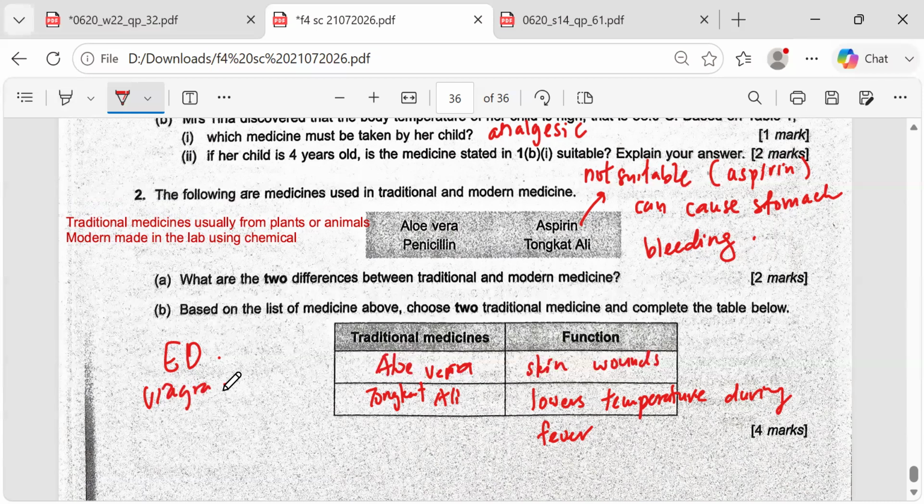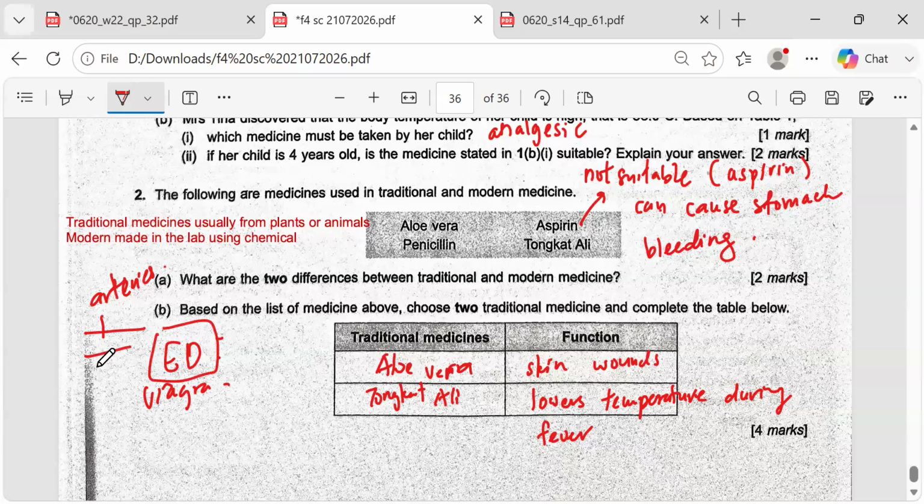Viagra has already been taken off the market because it is known to cause heart attacks. Do you know why or not? People always say, oh, the person got erectile dysfunction, cannot have sex already. The reason is actually because he is on the verge of having a heart attack. Remember your blood has arteries?